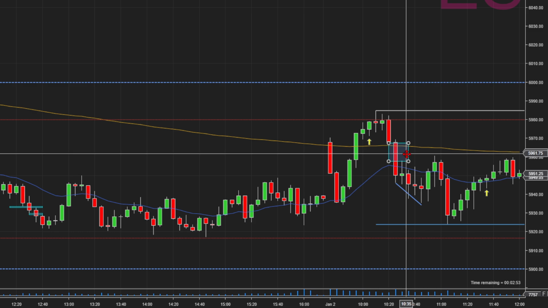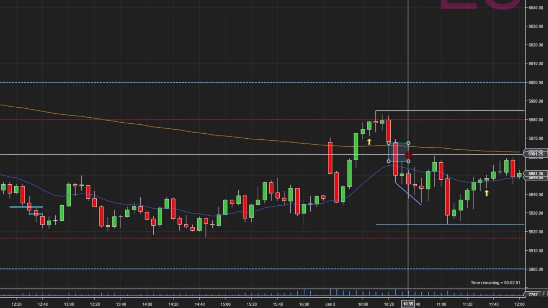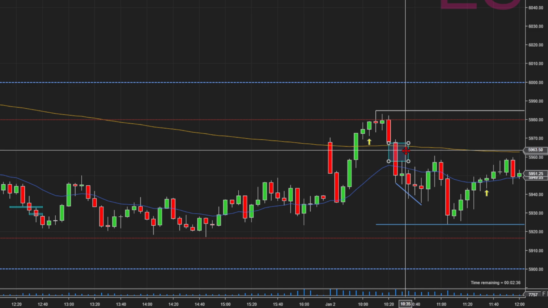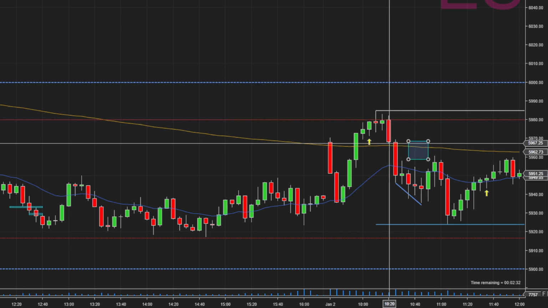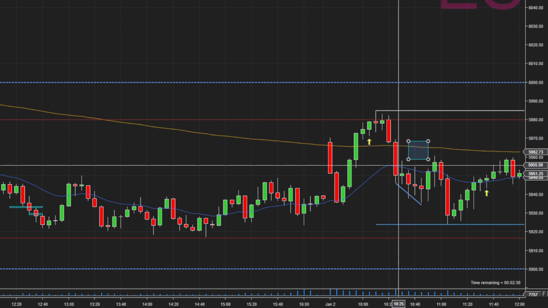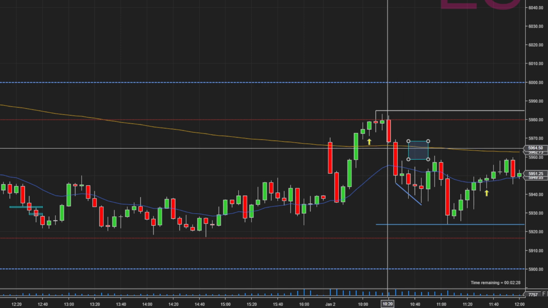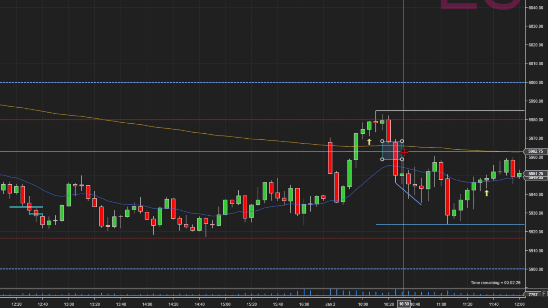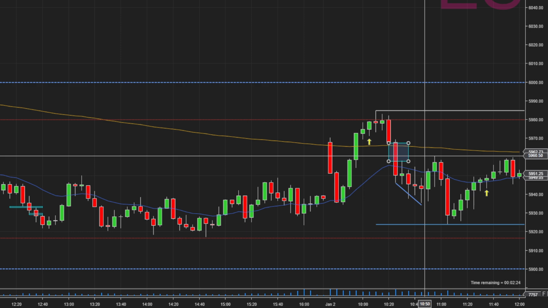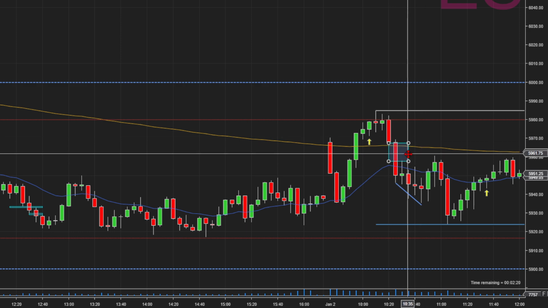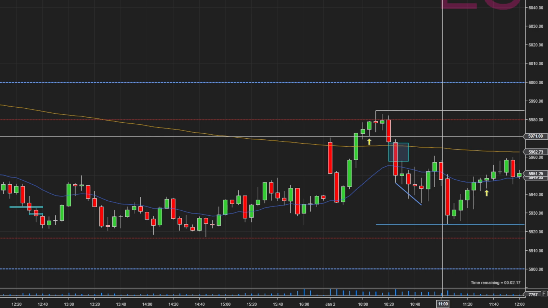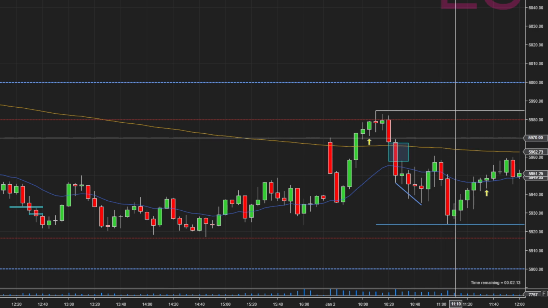You also have this little blue box drawn in, and that is showing a gap. So this bear bar, the low of that bar, and the high of this bull bar here did not overlap. And I like to draw some indication on my chart to remind me that there is a gap there. When we start to see gaps, often those are early signs that the market will be trending.